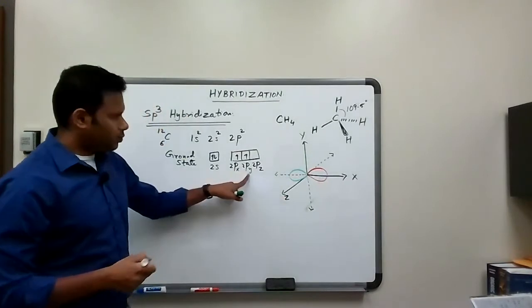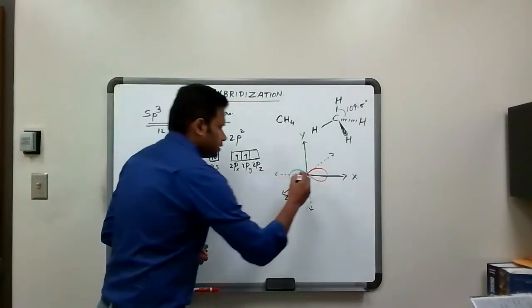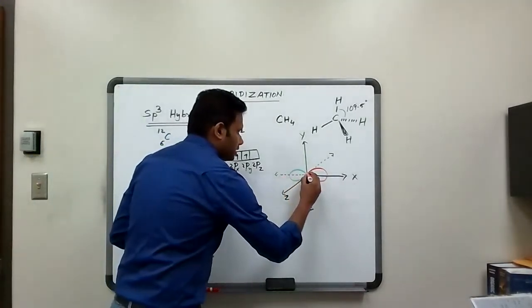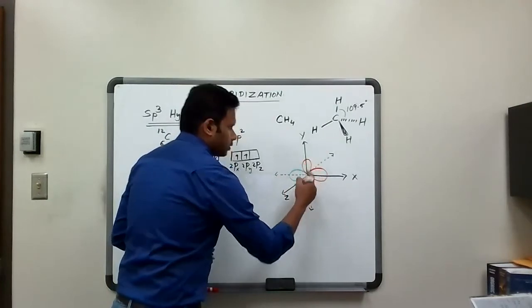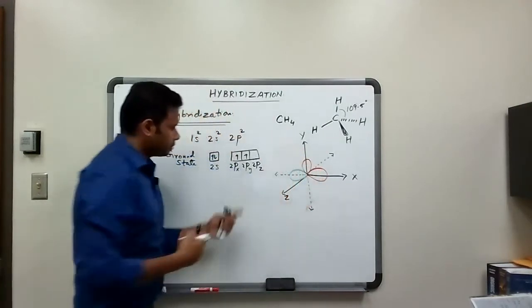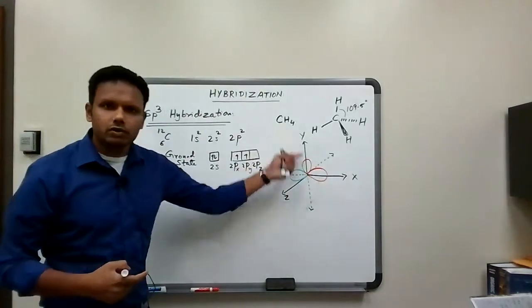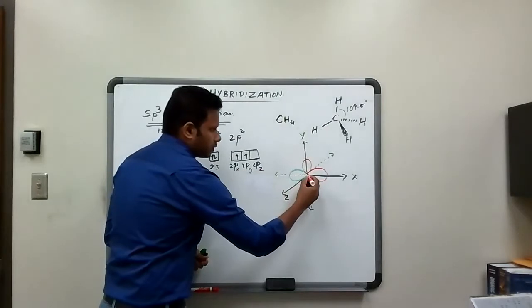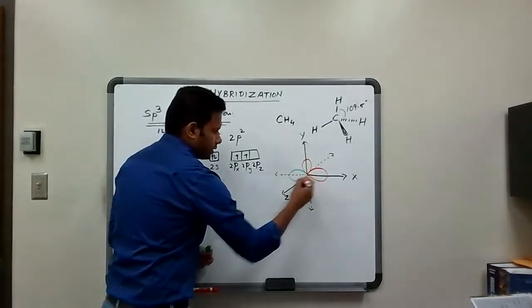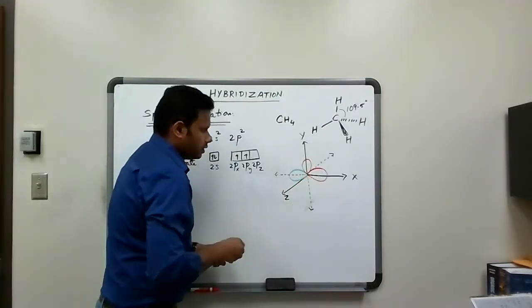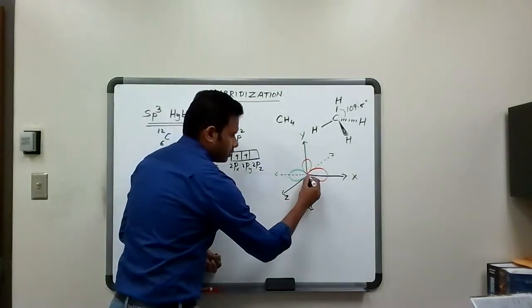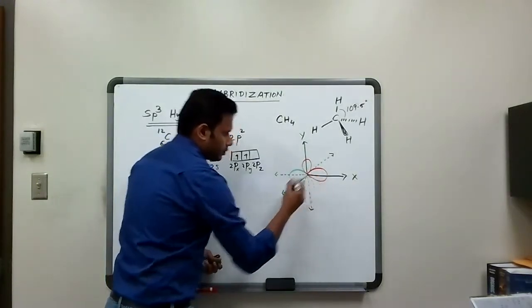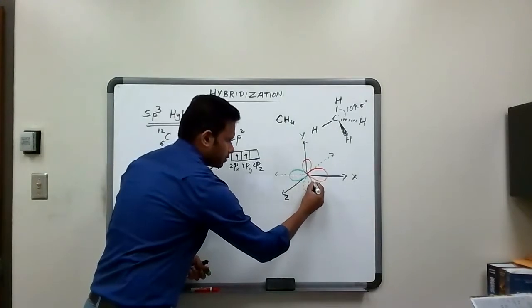Similarly, a py orbital is oriented along the y-axis, so there's one lobe along the plus y, and the other lobe is along the minus y.